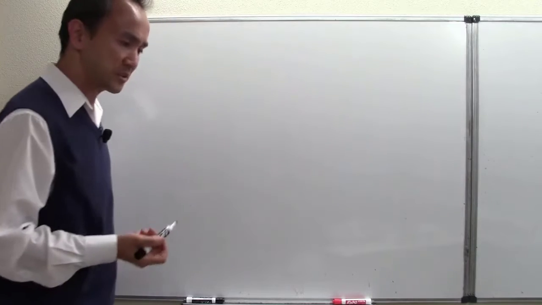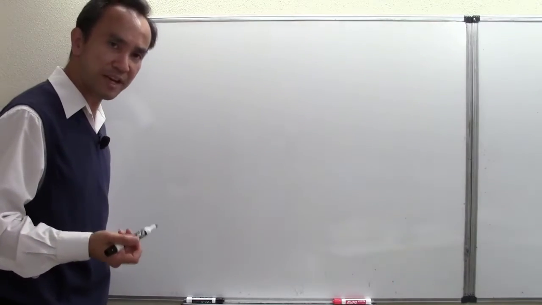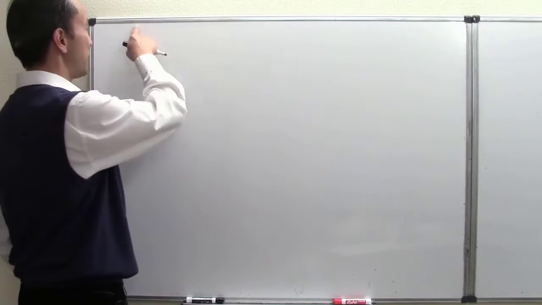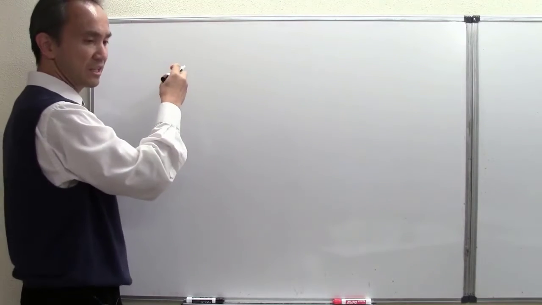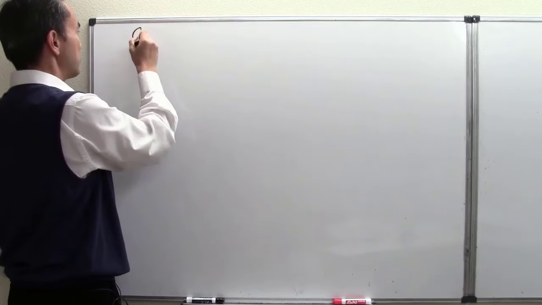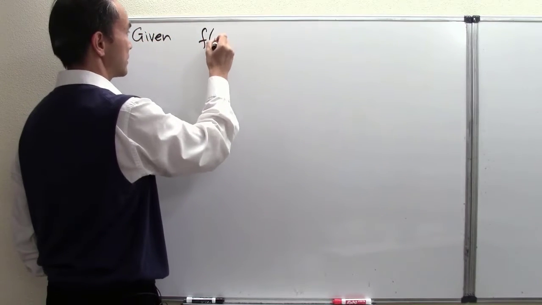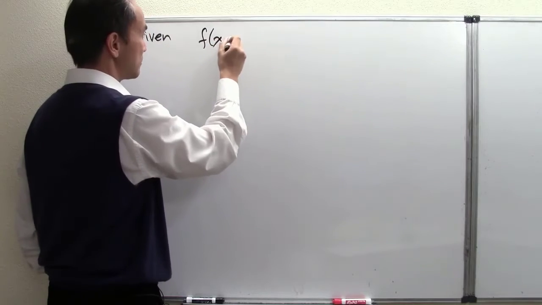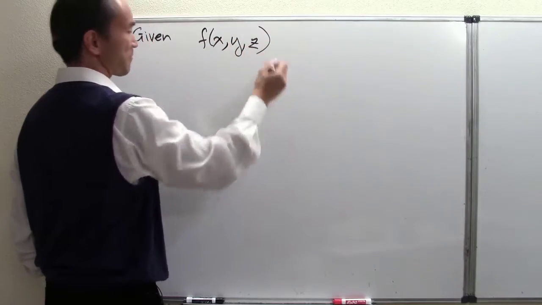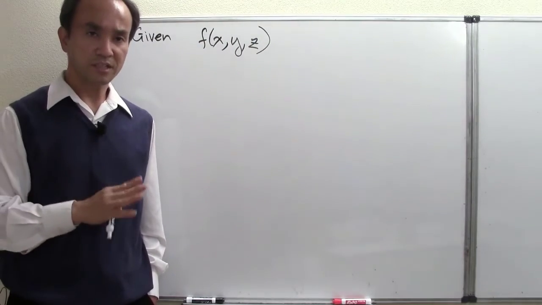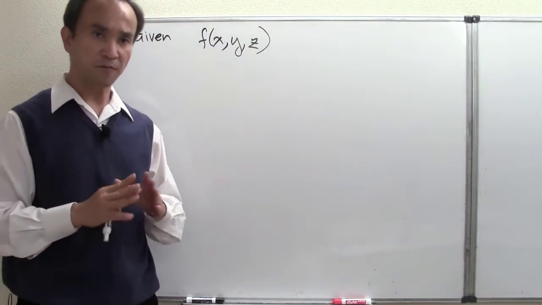Now, to study the more advanced chain rule that's suitable for multivariable functions, let me start out by giving you a demonstration example. Let's say we're starting with a function of 3 variables, x, y, and z. This idea works with functions of 2 variables and functions of 3 variables.